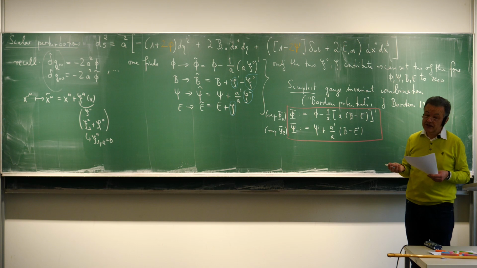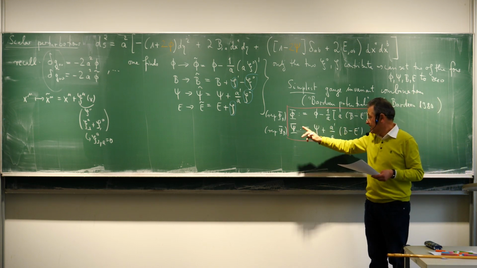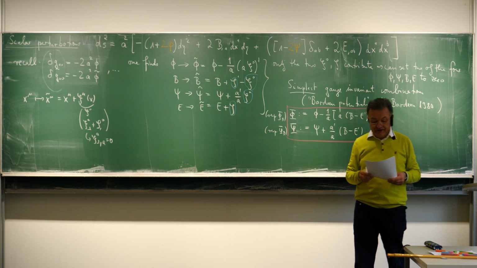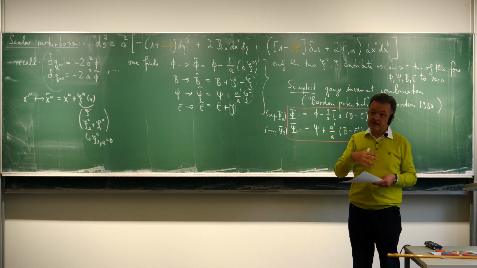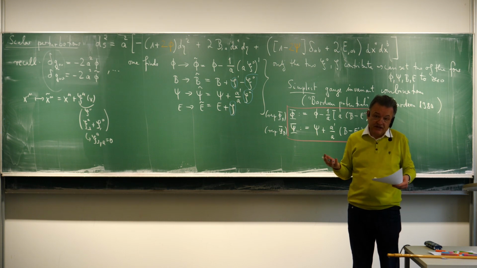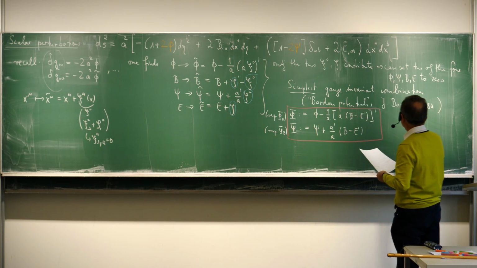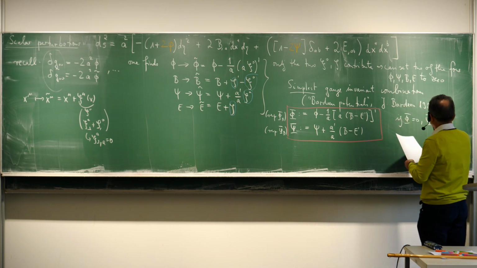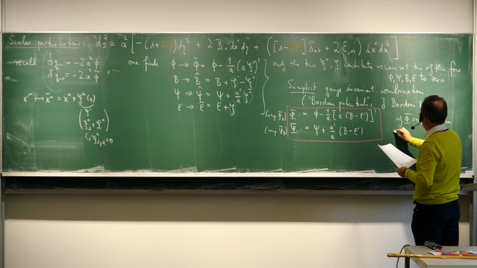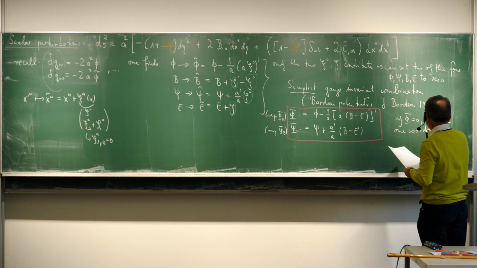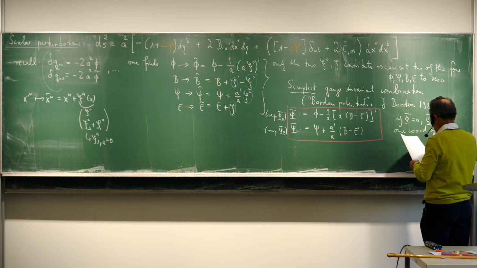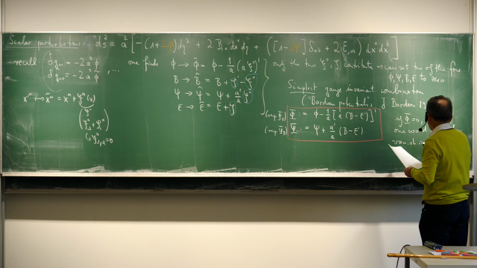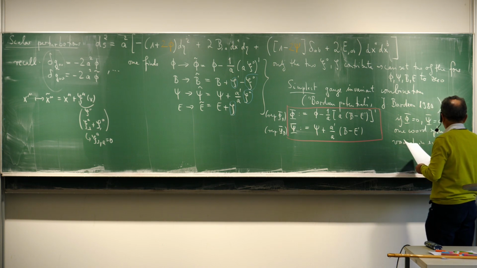This means in particular that if you have a coordinate system where Φ is 0 and Ψ is 0, then they are 0 in every coordinate system, because they are invariant. So if Φ is 0 and Ψ is 0 in one coordinate system, they vanish in every coordinate system.